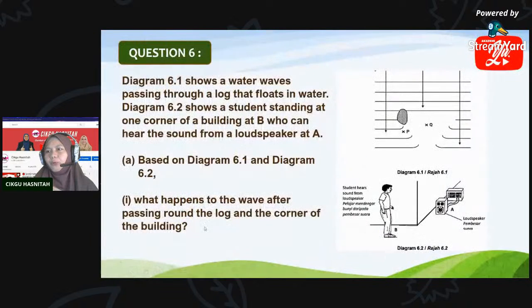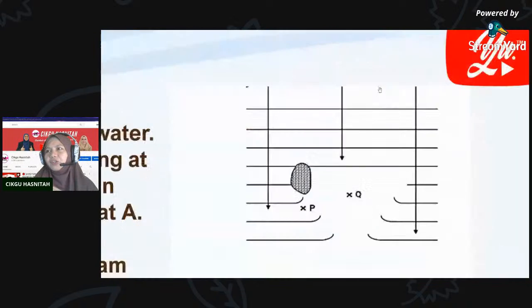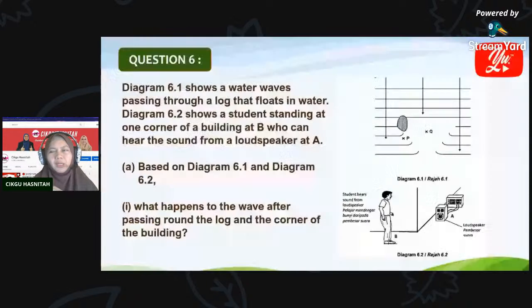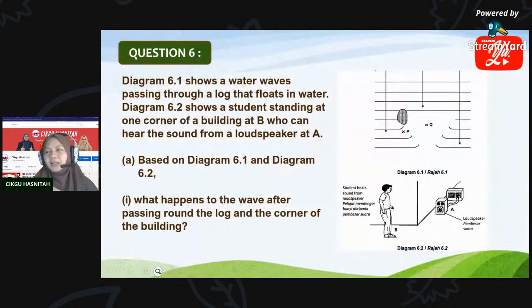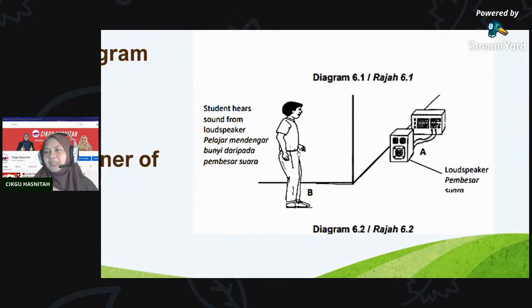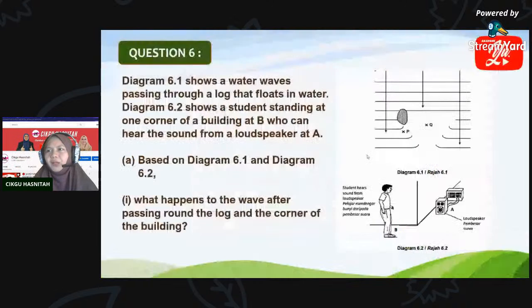Case first, 6.1, this is the direction of propagation of the wave. This is where the log is. And you can see this is the pattern of the water after it passed through the log. And in the second diagram, a boy is standing here. He can hear the sound coming from the loudspeaker placed on the other side of the wall.